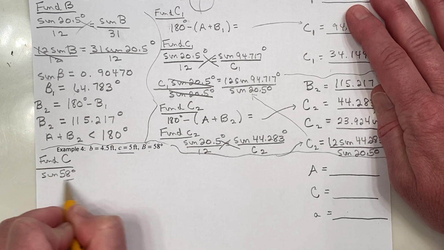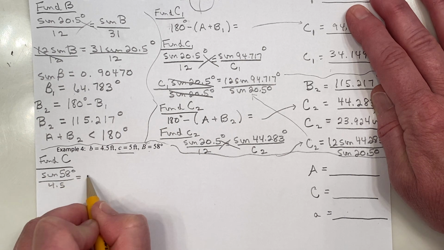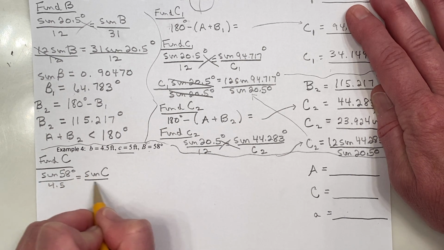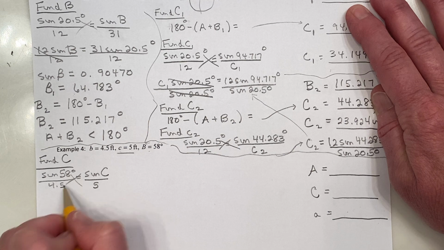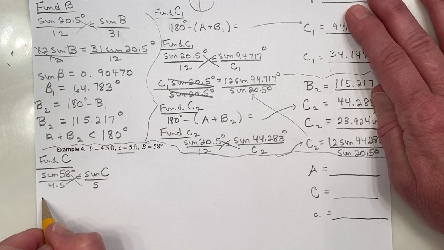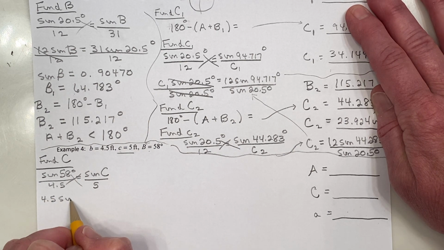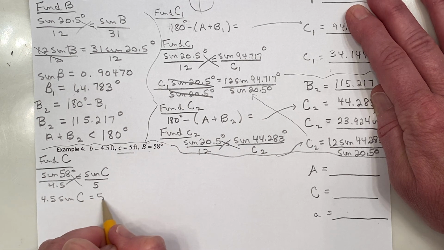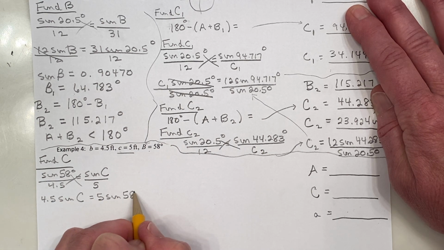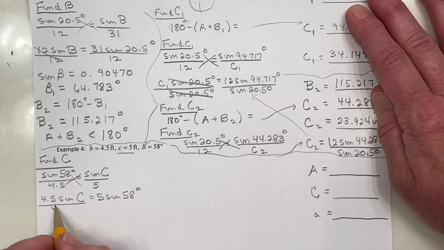Sine of 58 degrees over 4.5 equals sine of angle C over 5. Let's cross multiply. Divide by 4.5.